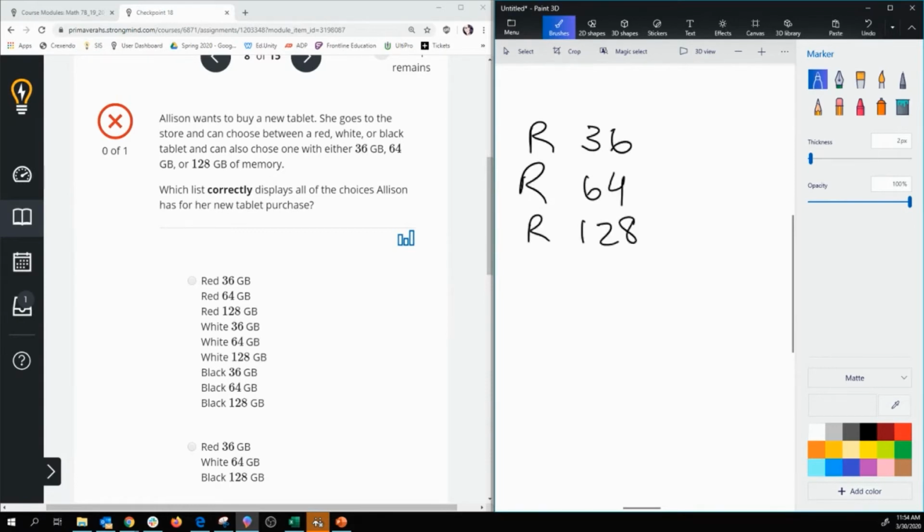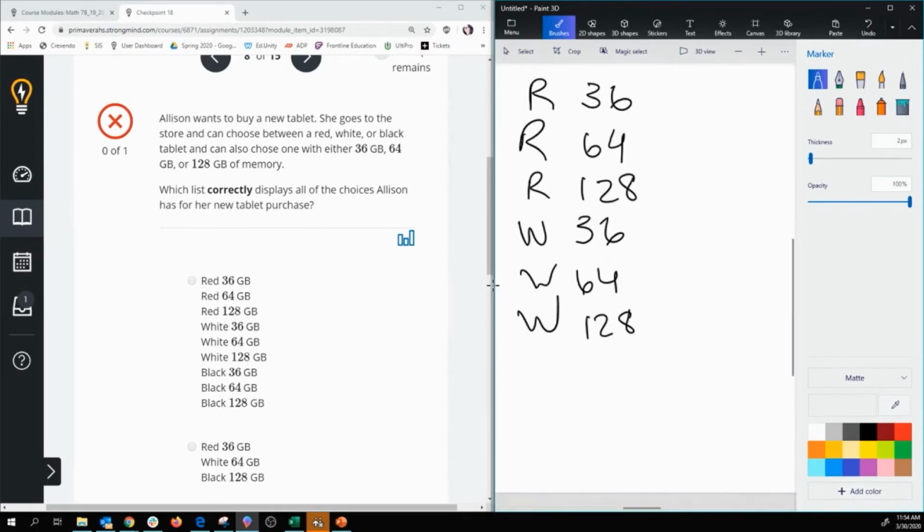Perfect. Now, what if she says, I'm not really feeling red, I want white. How many different options does she have for storage when she chooses white? 3, right? The same 3. She can choose 36, 64, or 128, all with white. And then say she says, I had a white and red one last time, so I want black this time.